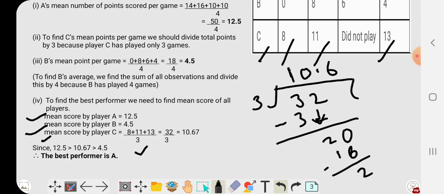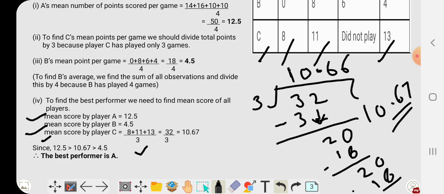Then we will get 2. Then here is the point, so we can put 0 again. 3 sixes are 18, and in this way it will come to 10.66666. The 6 will keep on going. So we can write it as 10.67, or you may also write 10.66, but this is the proper way to write. You will get to know in higher classes why we write like this.